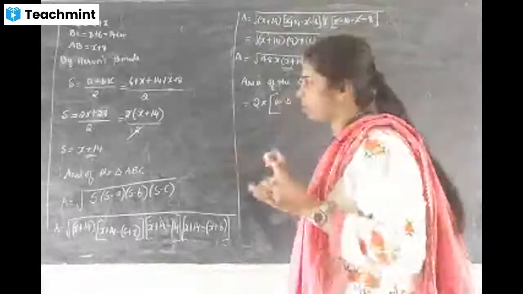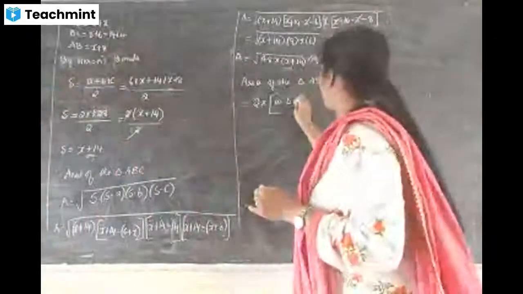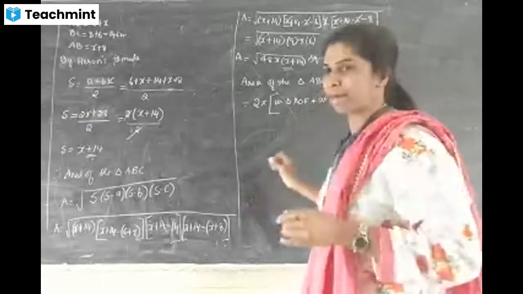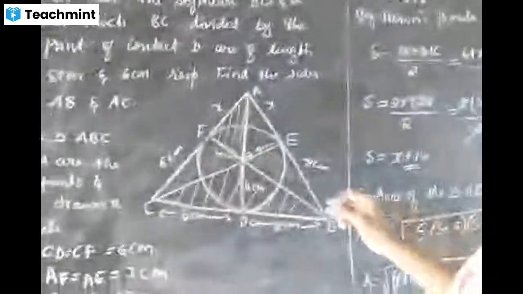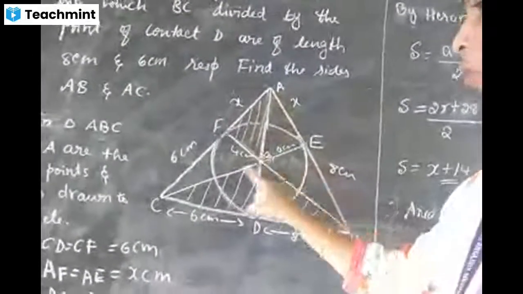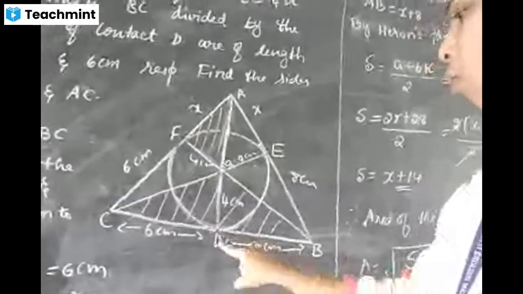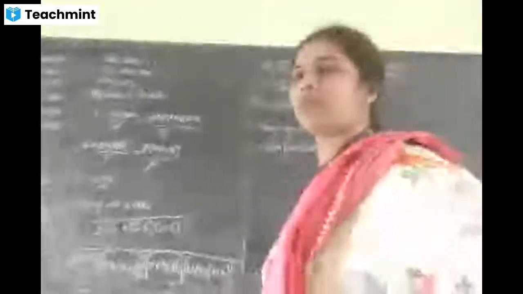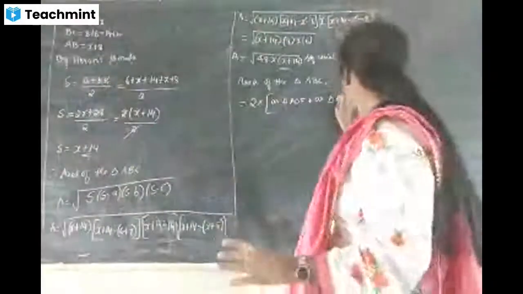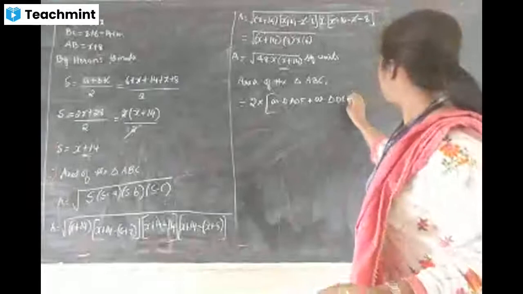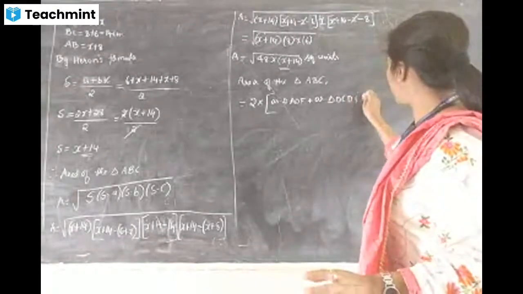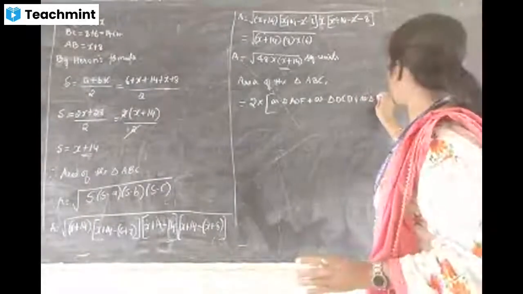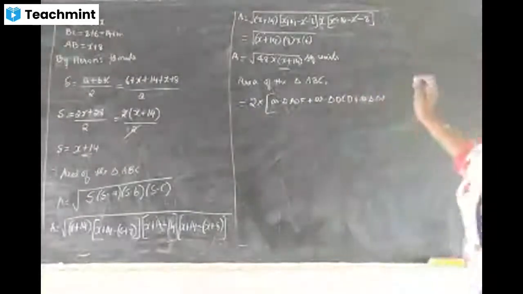Area of triangle AOF, first one AOF, plus area of triangle OCD, then one more is ODB. Just observe here: AOF, OCD, then ODB.